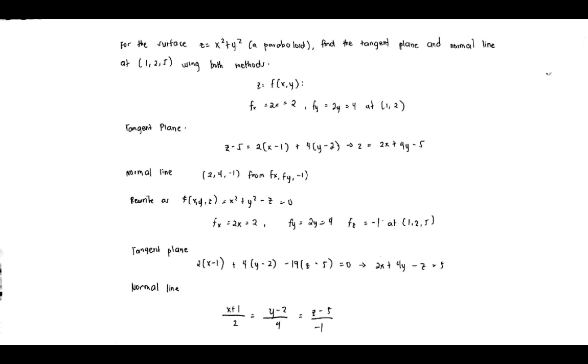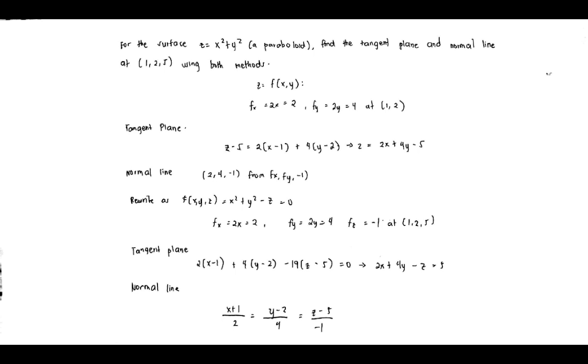So for our tangent plane, we have 2 times (x minus 1) plus 4 times (y minus 2) minus 1 times (z minus 5) equals 0, so 2x plus 4y minus z equals 5.